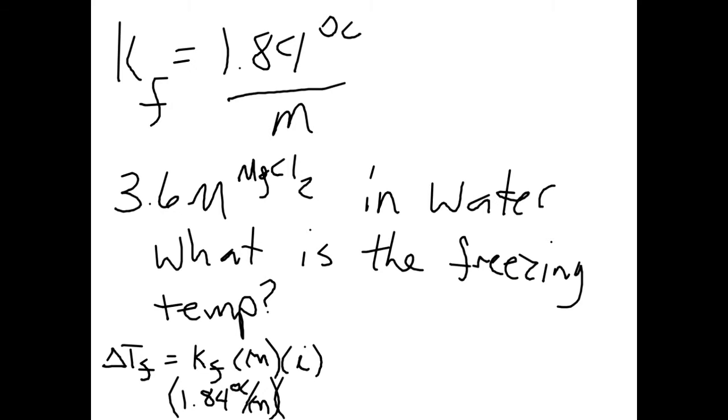We're just going to use molarity and molality as the same thing. 3.6 molar. What is my I? 3. 1 magnesium, 2 chlorine, so it's 3. And in this case, it's ionic, right? So it's going to stay together.